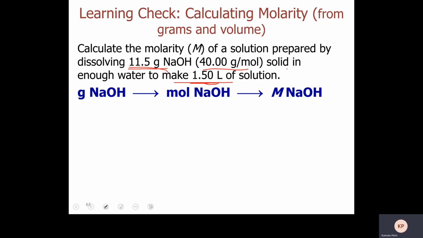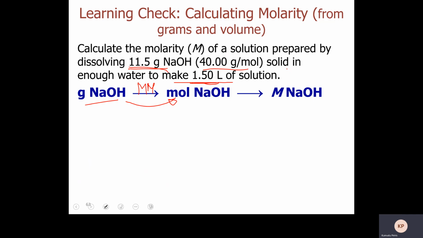We should start with the grams of sodium hydroxide. Then we change the grams to moles of sodium hydroxide. So what is the conversion factor between the grams and the moles? Yes, it is the molar mass. Do we know the molar mass?